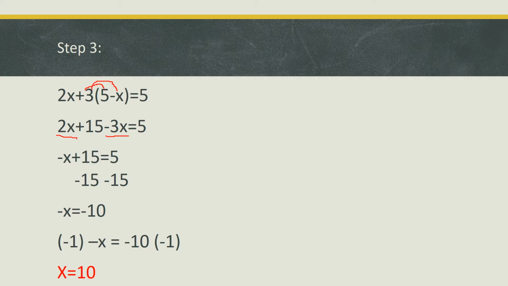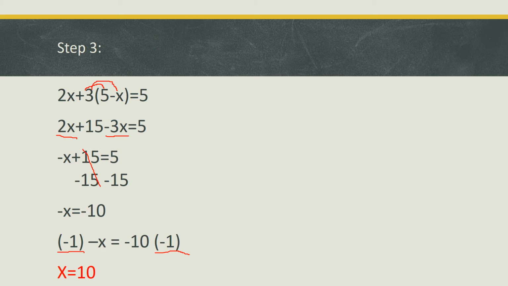We now have to get x by itself, so we subtract 15 from both sides. Our 15's on the left side cancel out. And now we have 5 minus 15 is equal to negative 10. We can't have a negative x, so we have to multiply both sides by negative 1.